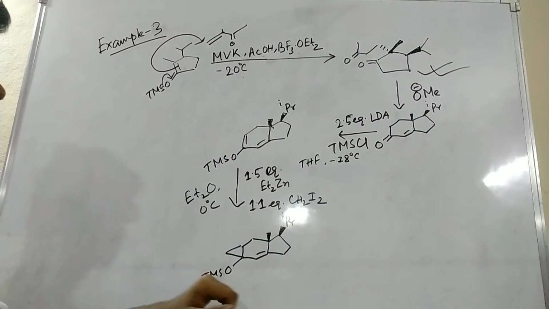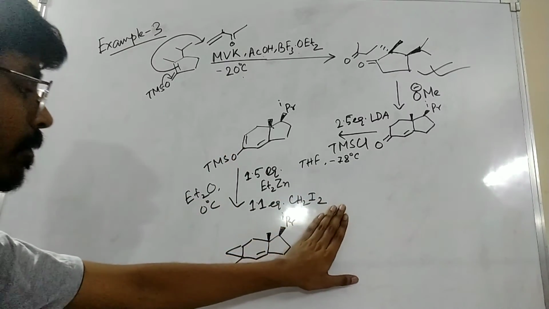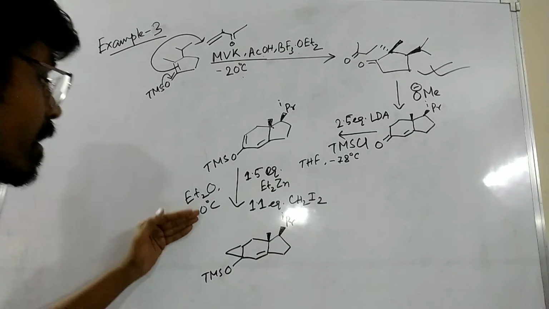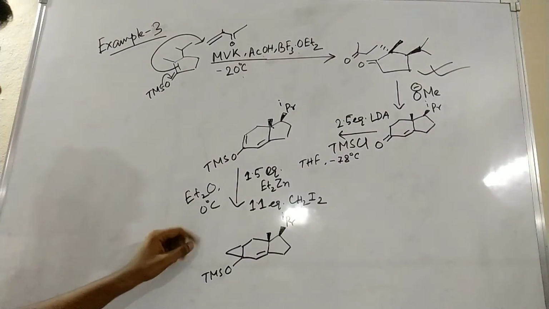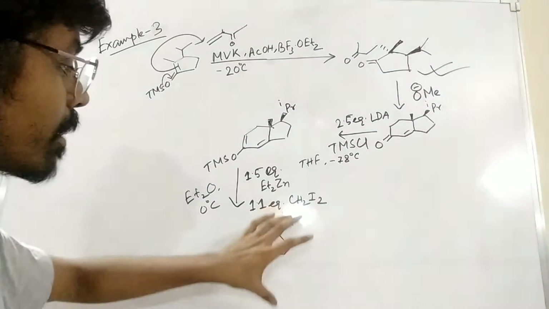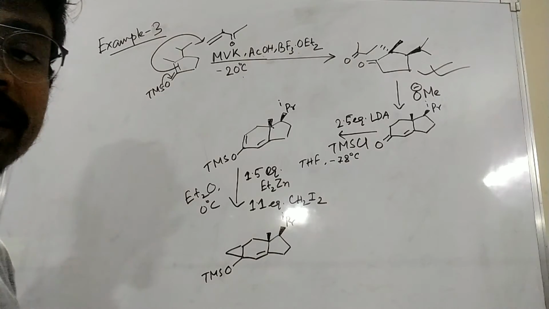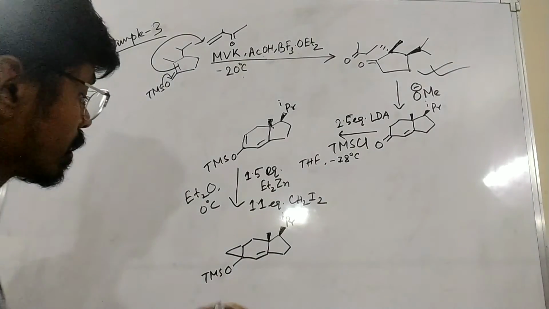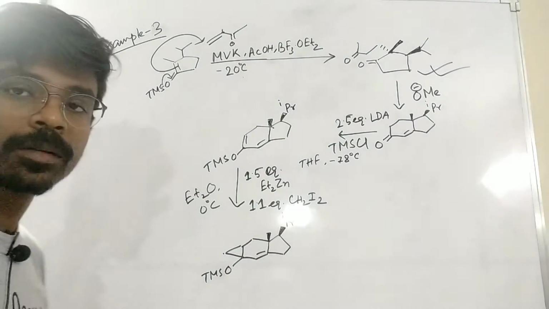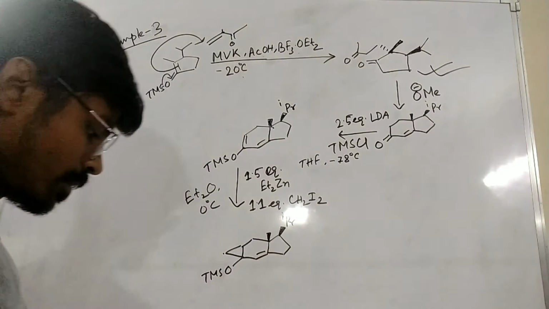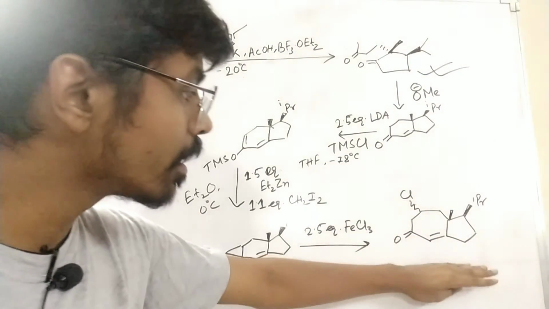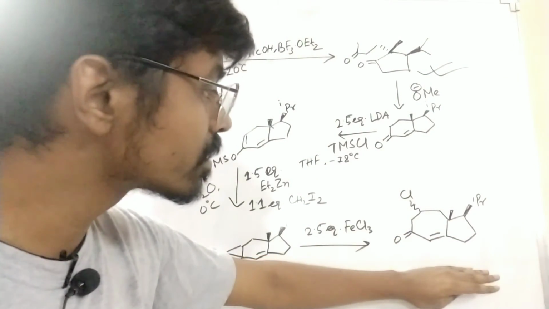You know, this reaction is a very famous name reaction also. This is known as the Simmons-Smith reaction. Insertion of carbene in a double bond, right? So in our next step, from this fragment we are getting a compound having a 7 membered ring.